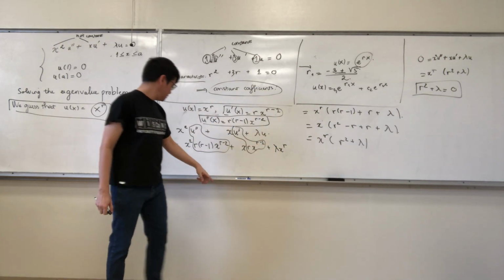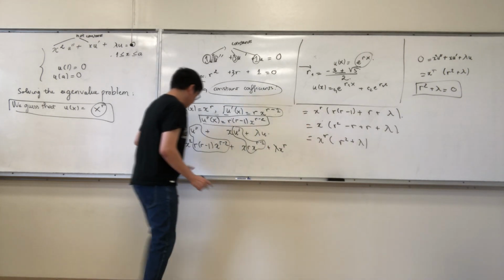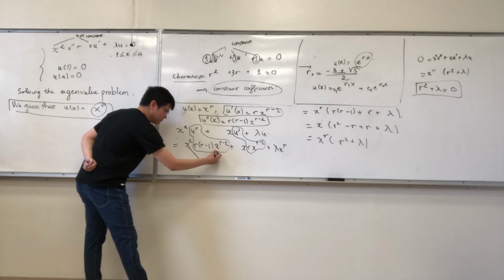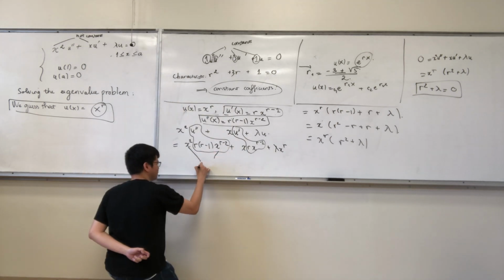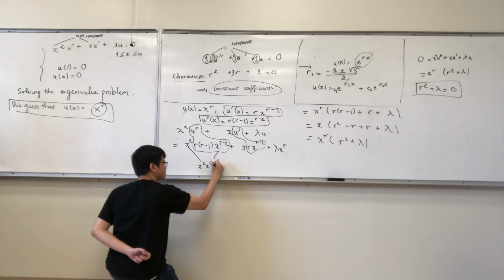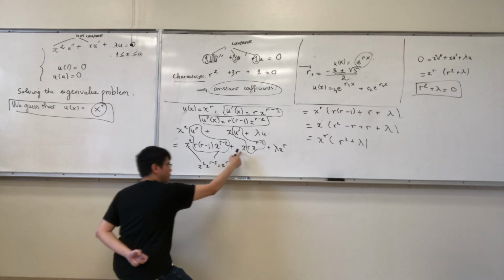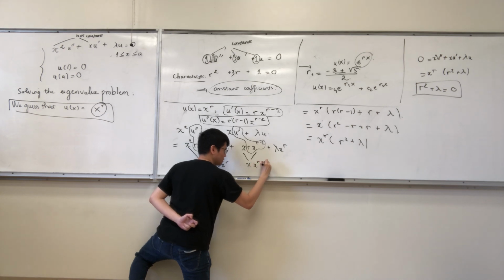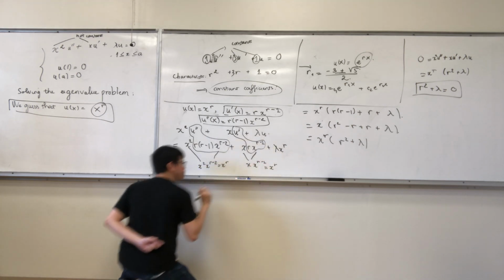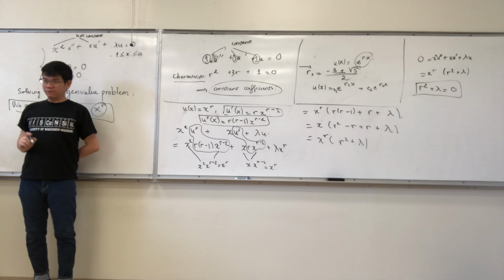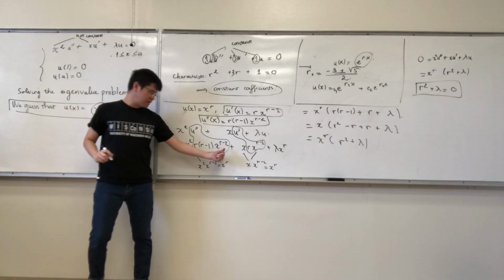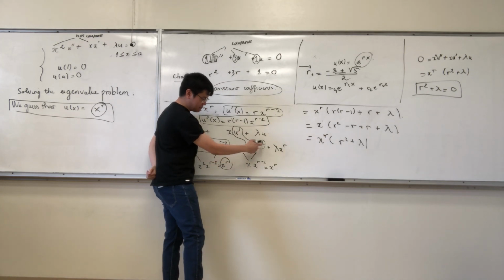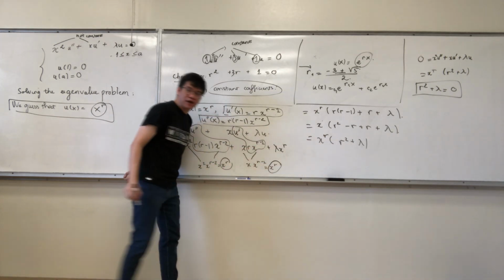You group everything. Now you observe that when you multiply x squared with x^(r-2), you're gonna get x to the r, right? And when you multiply x with x^(r-1), you also get x to the r.